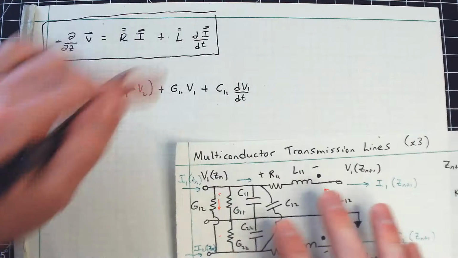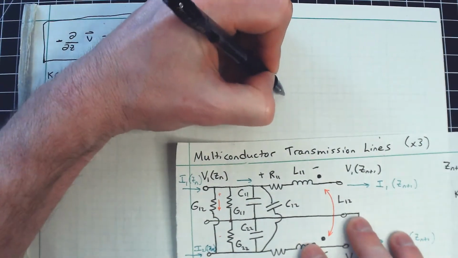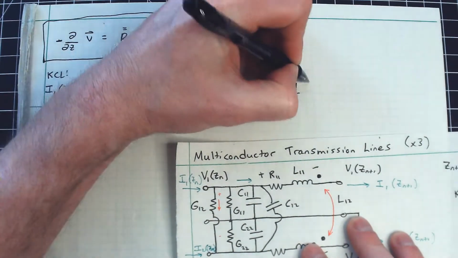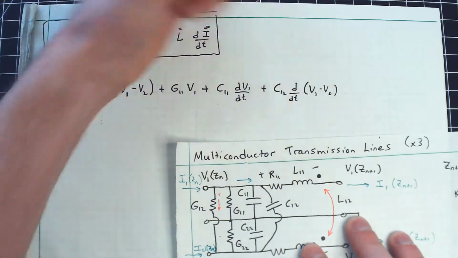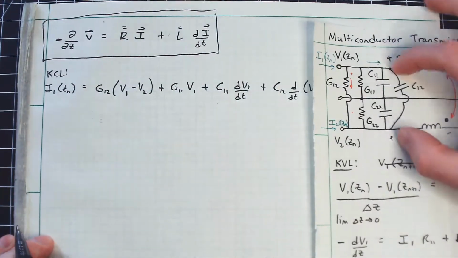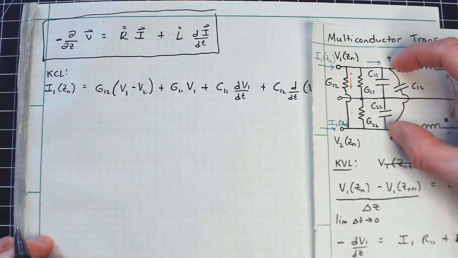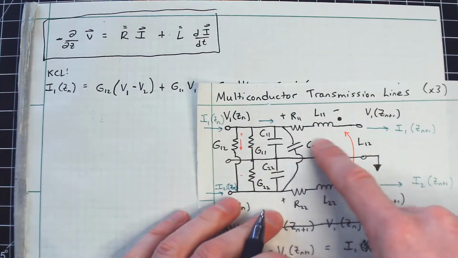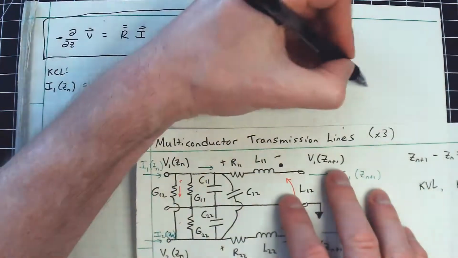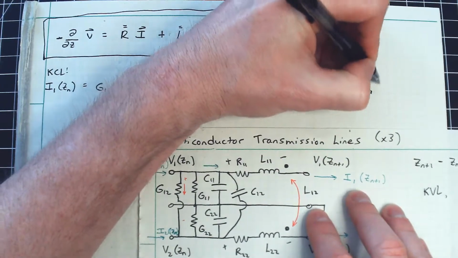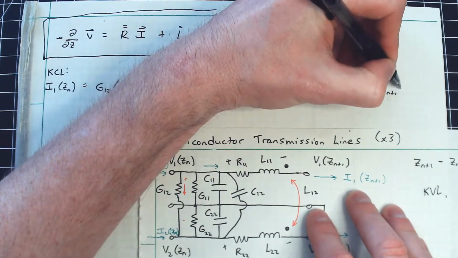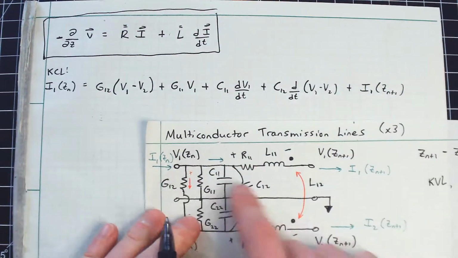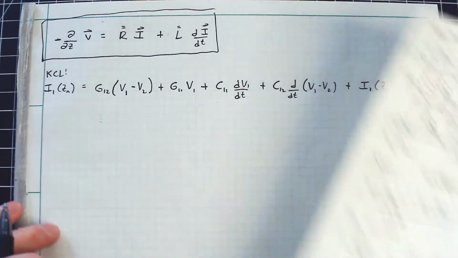So what that turns into is plus C12 times the time derivative of V1 minus V2. Okay, so that's the delta V between signal line 1 and signal line 2. And then finally, there's this current that's going to come out the other side. So plus I1 at Z sub n plus 1. Or you could think of it as Z plus delta Z, right?